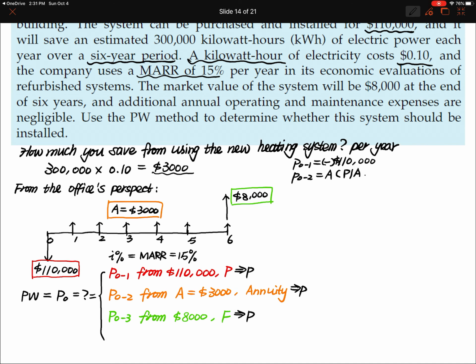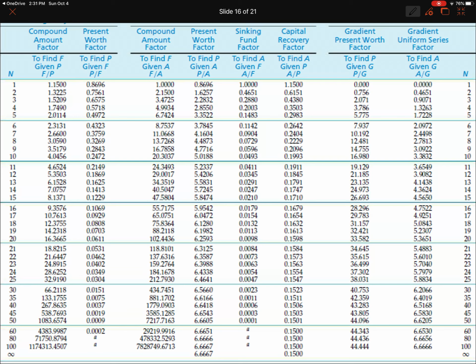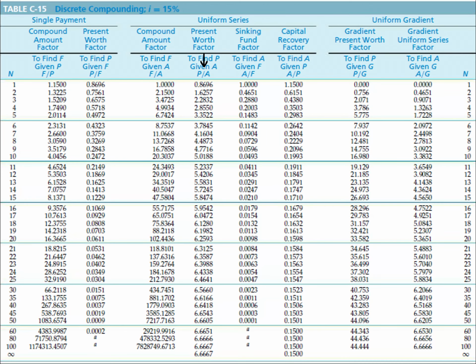Okay, and the P02 is to find P given A. So the equation is A times (P/A, MARR, N). And A is 3,000. (P/A, 15%, 6), right? N is 6.